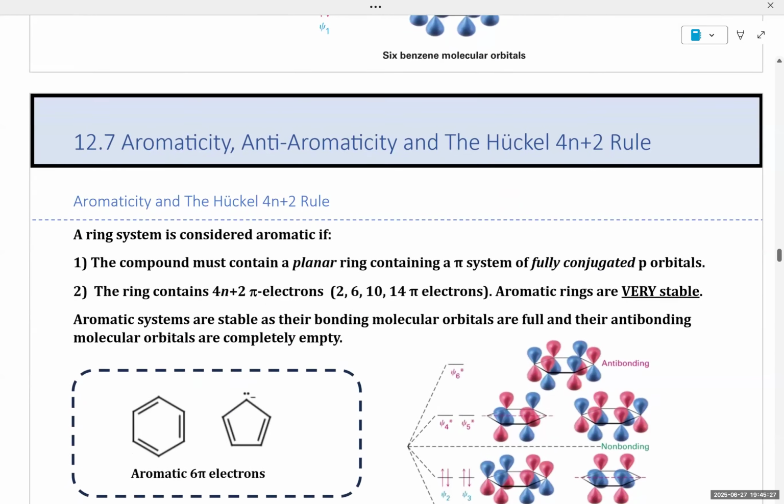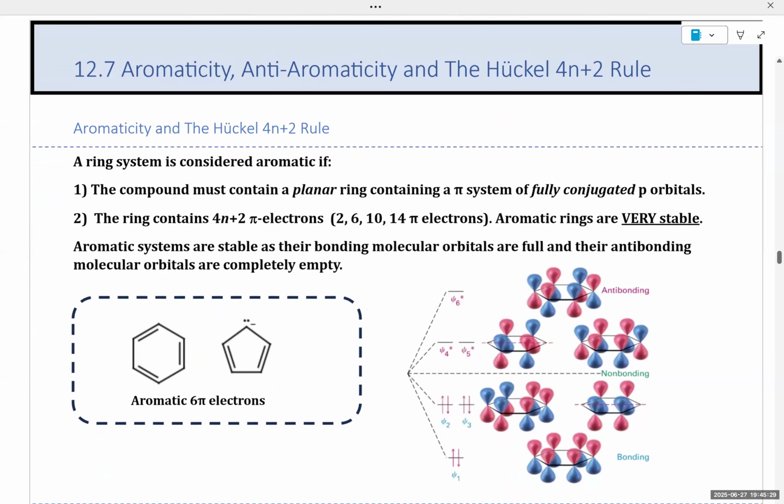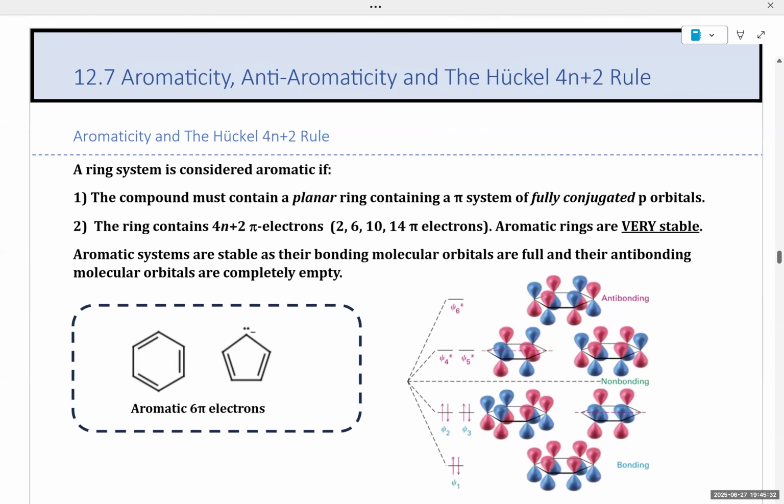Okay, so aromatic compounds are especially stable. How do we know if a compound's aromatic? Well, there's a general set of rules that were developed by Huckel, which states that a ring system is considered aromatic if the compound contains a planar ring containing a pi system of fully conjugated p orbitals.